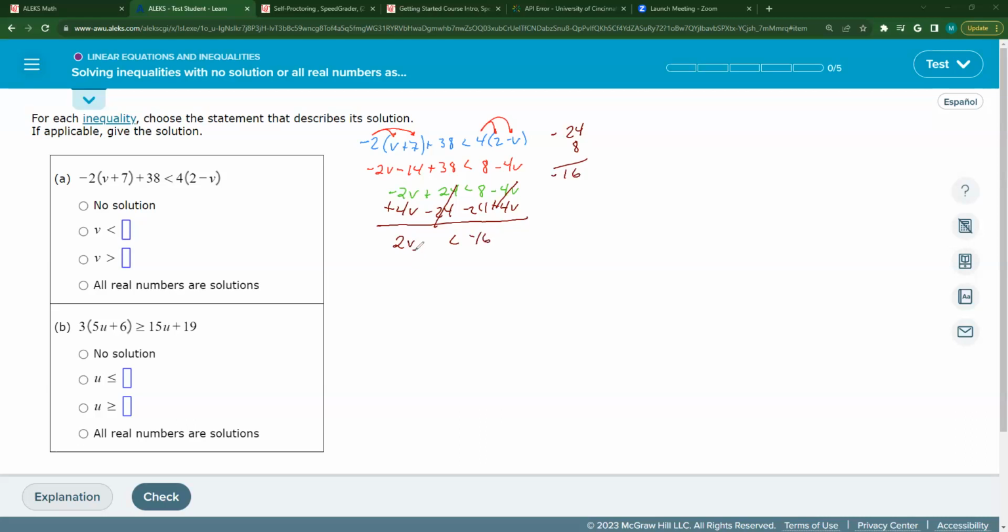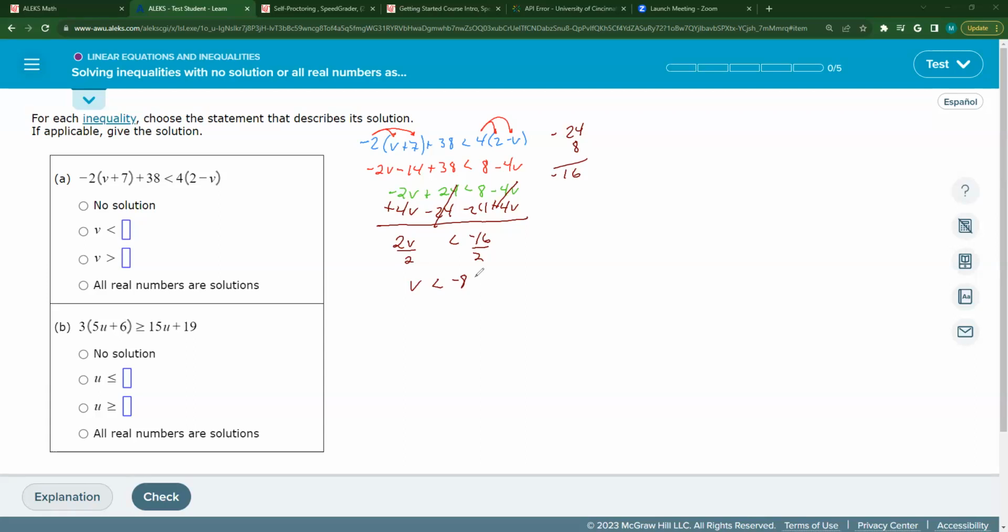Okay. Divide both sides by 2, and v is less than negative 8. Now, I have an answer. This means that it is not going to be a no solution or all real number solutions. For those ones, we're going to have to think a little bit more when we're looking at the answers. But for this one, I have an answer.